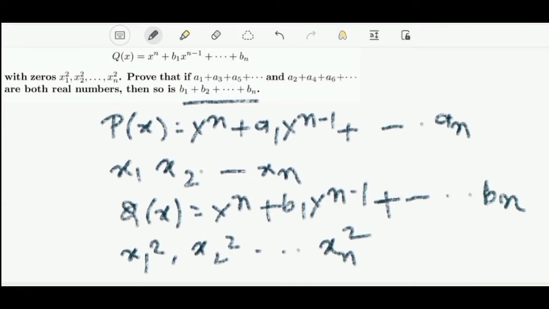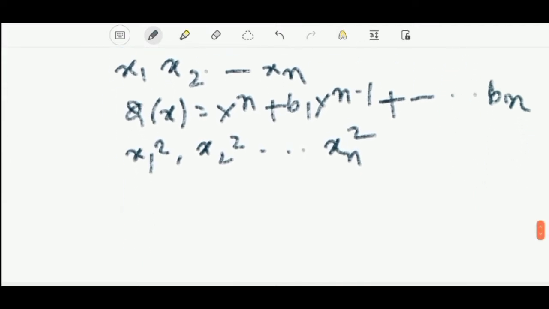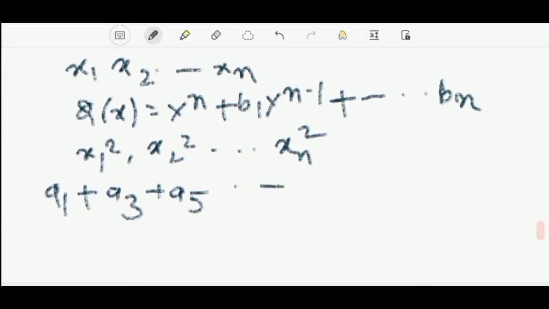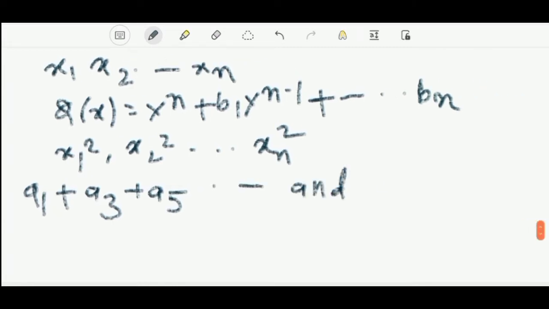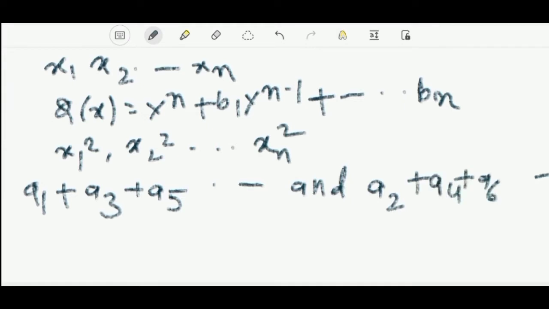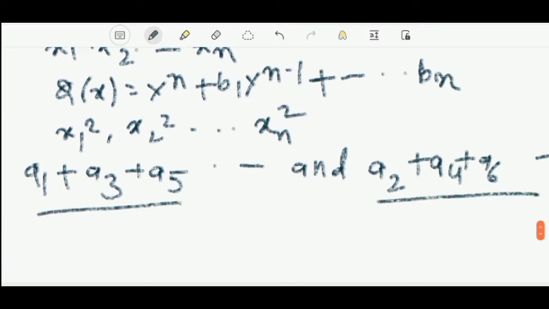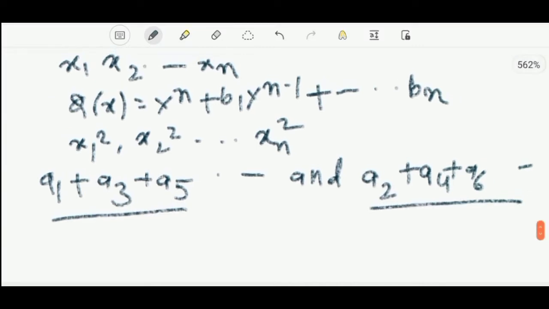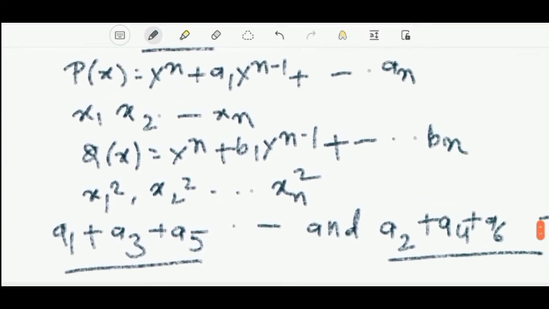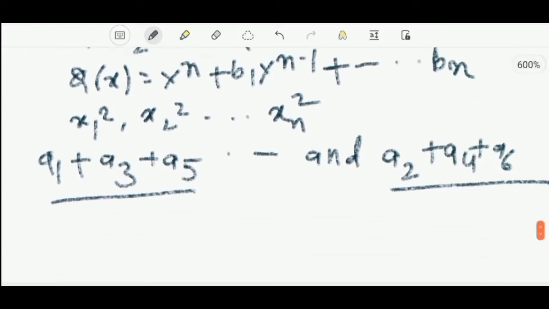So first I'm going to consider that a1 plus a3 plus a5 so on, and a2 plus a4 plus a6, these two quantities are real. So what we can say?